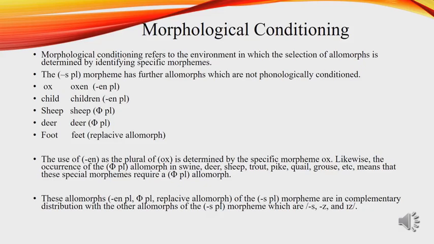So we can say that these allomorphs of the S plural morpheme, which are the en plural allomorph, the zero plural allomorph, and the replacive allomorph, are morphologically conditioned. The selection of each one of them is determined by identifying a specific morpheme.